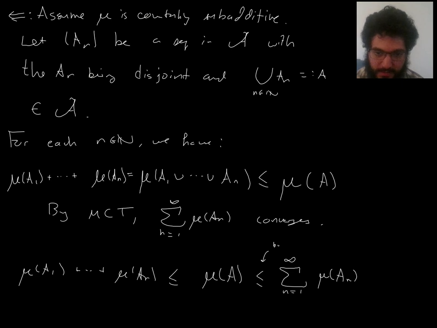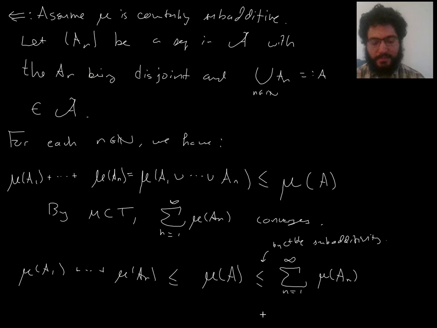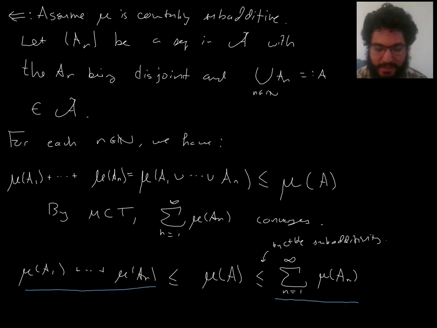So this is by the assumption of countable subadditivity. Okay, now look over here at this being less than or equal to this. So this is one fixed real number, right? And this is less than or equal to that number for all n. This is our sequence of partial sums for this series, right?